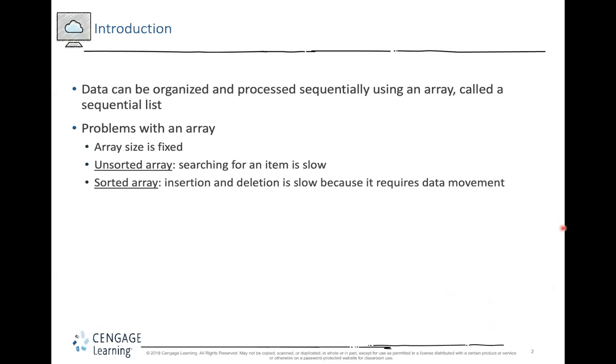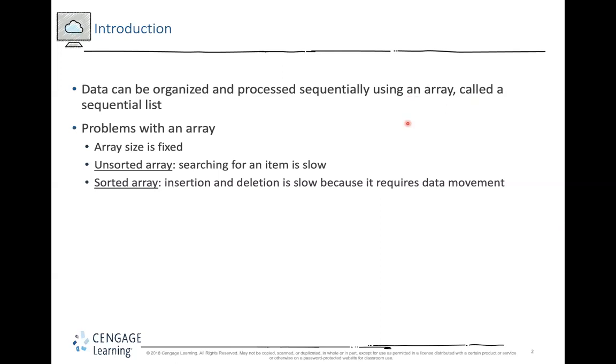Linked list is one of the dynamic sets. And then we may use trees and graphs. Now, of course, the simplest data structure would be an array. So if we're going to organize data sequentially, it's also called a sequential list.